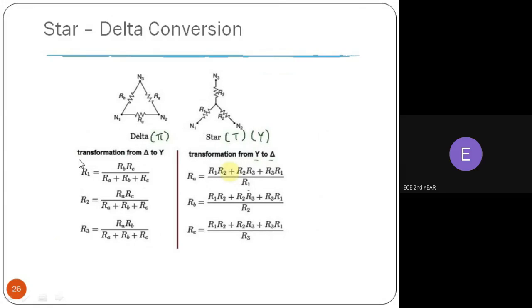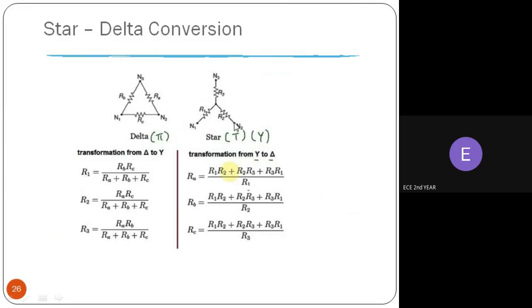The value of R1 is equal to RB into RC divided by RA plus RB plus RC. R2 can be calculated as RA into RC divided by RA plus RB plus RC. R3 can be calculated as RA into RB divided by RA plus RB plus RC. So this is the formula to convert delta into star connection.